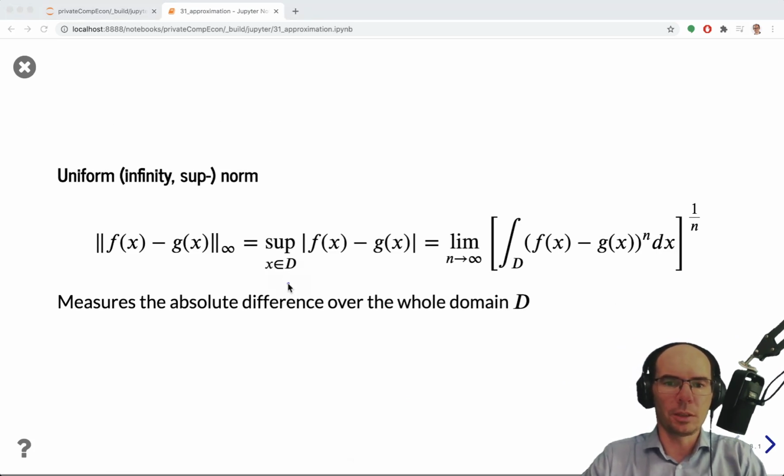What's that? That's basically just the difference between the function values, right? So for every x, you can compare f and g, the approximating function, take the absolute difference there, and then take a maximum or supremum over the domain of these functions.